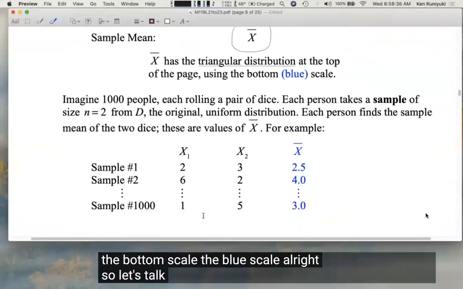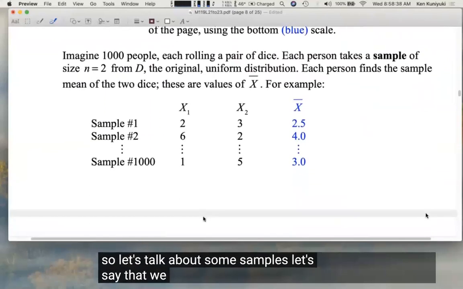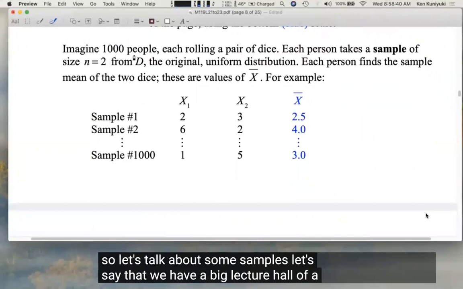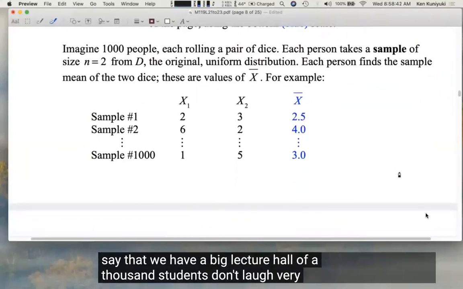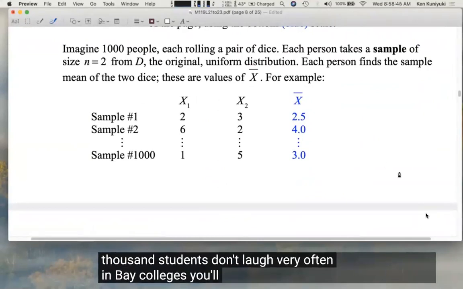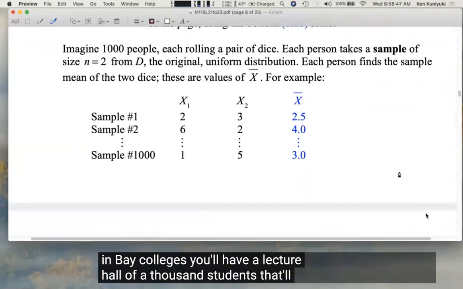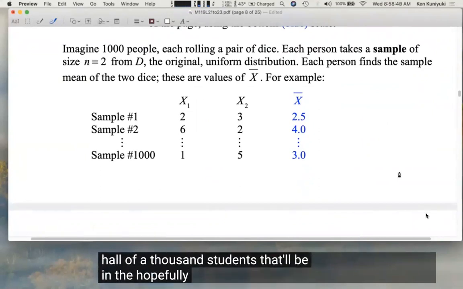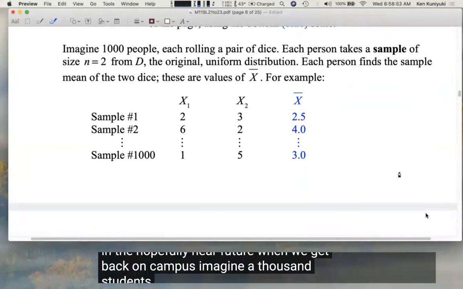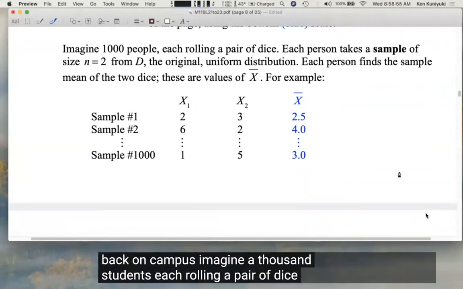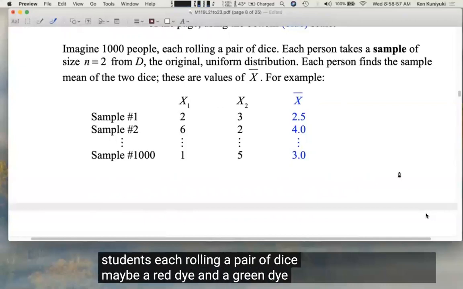All right, so let's talk about some samples. Let's say that we have a big lecture hall of 1,000 students. Don't laugh. Very often in big colleges, you'll have a lecture hall of 1,000 students. That'll be in the hopefully near future when we get back on campus. Imagine 1,000 students, each rolling a pair of dice, maybe a red die and a green die.